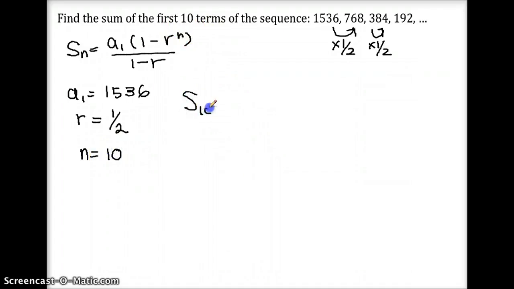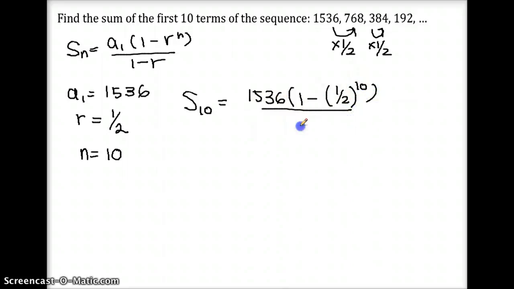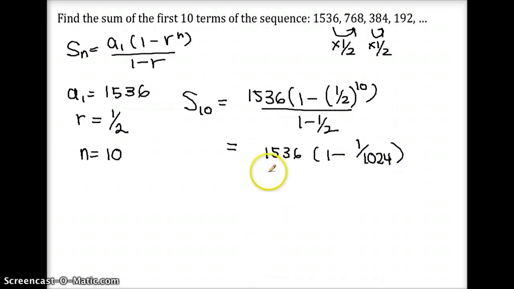So the sum of the first 10 terms is going to be 1,536 times 1 minus 1/2 to the power of 10 over 1 minus 1/2. And if we simplify this, we have 1,536 times 1 minus 1 over 2 to the power of 10, which is 1,024, over 1 minus 1/2, which is just going to be 1/2.